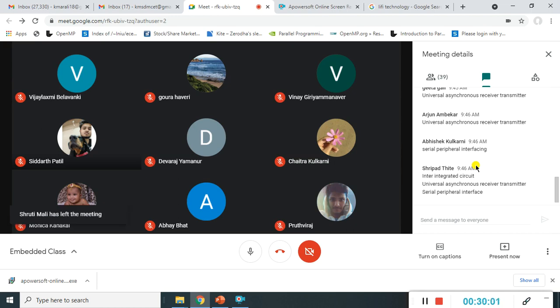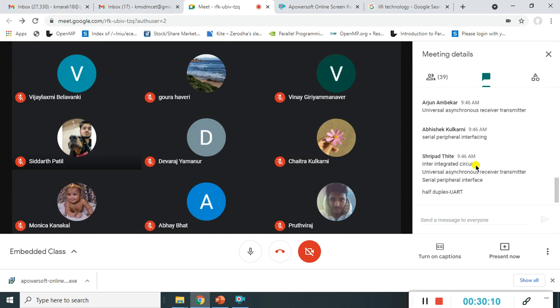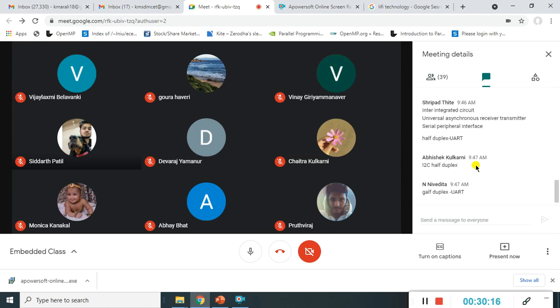Half duplex, UART. Good. When transmitting, the receiver has to sit quietly, and when receiving, the transmitter has to sit quietly. That's what half duplex is. Versus full duplex, which is the only one? SPI is the only full duplex. Very good. SPI is the only one that you have learned right now. SPI is a full duplex. Okay. Good.